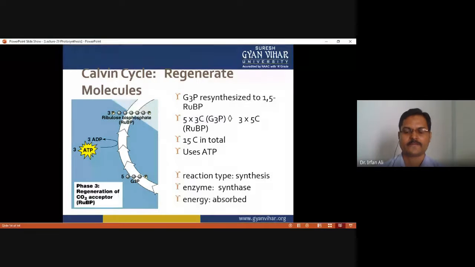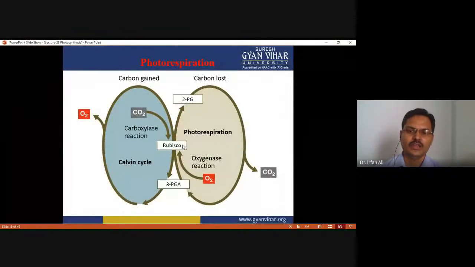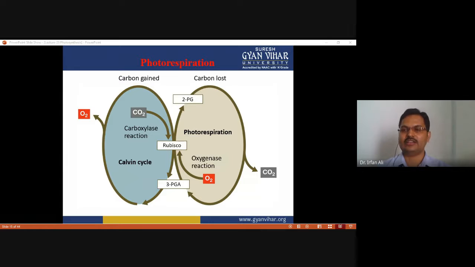Now you have to see that the Calvin cycle is complete. But what happened? A problem is that when the stomata are open, at that time the carbon dioxide is taken into the cells where photosynthesis takes place. But simultaneously with the carbon dioxide, the oxygen is also taken in.